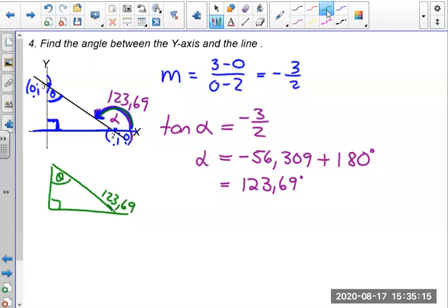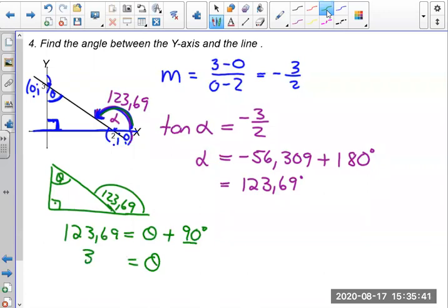So the exterior angle is equal to theta plus 90 degrees. If I want theta alone, I must just subtract that 90 degrees. And that gives me 33,69 degrees. So that's how the inclination will help me to find the angle against the y-axis.